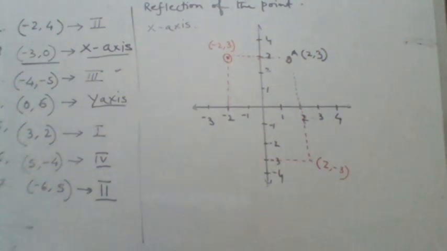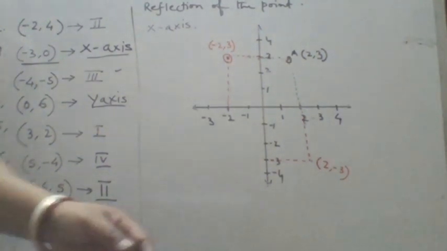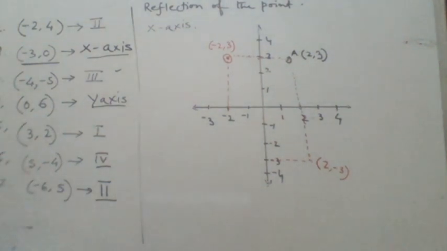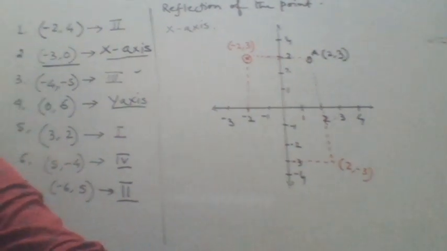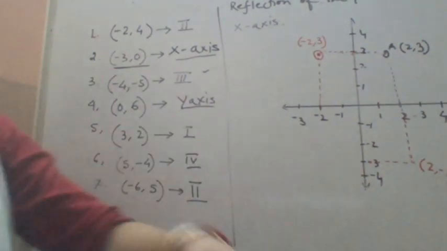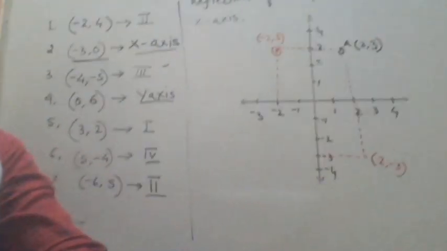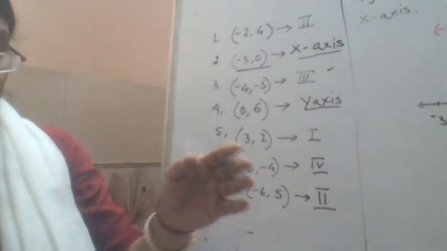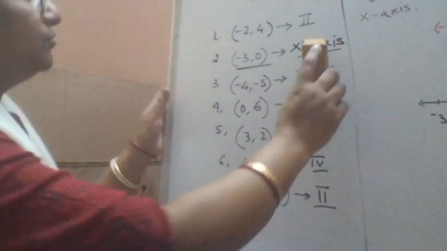So now I will give you some points, so I will show you the screen. So you will not complain about the screen. Please note down the assignment that I am going to give you now.